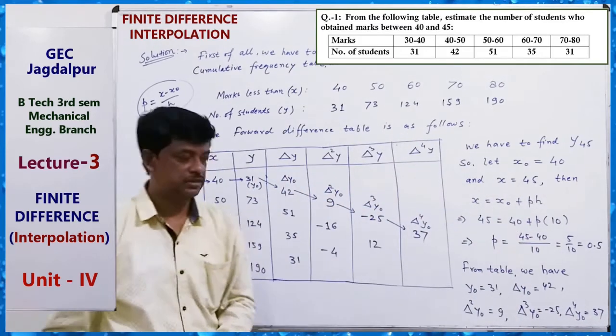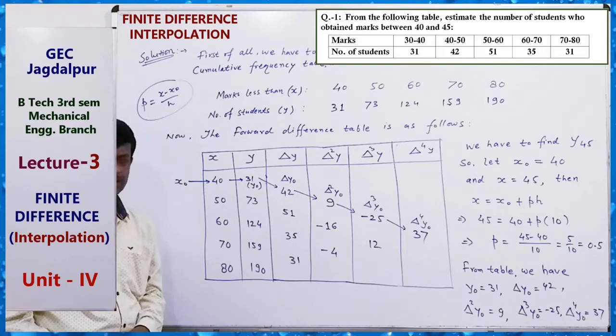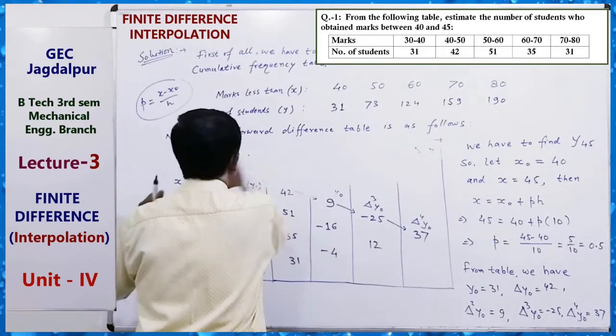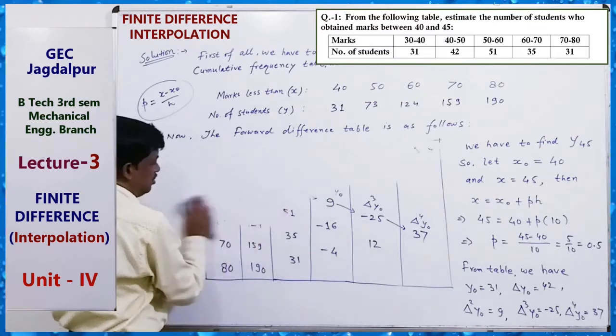These are the differences that will be used. Only 45. So now we just delete it and use the formula. Okay.